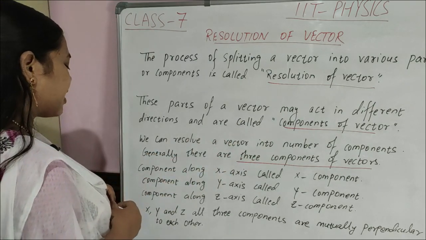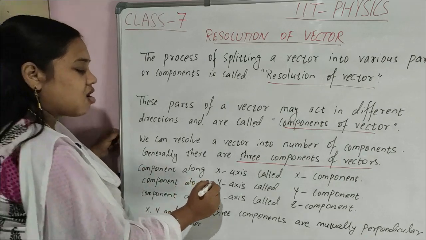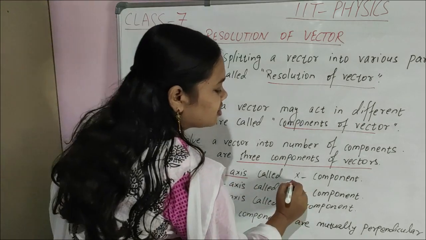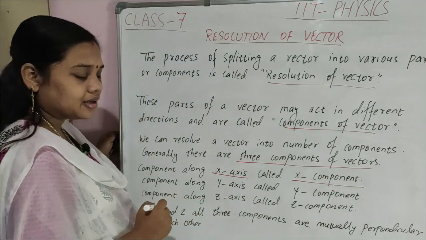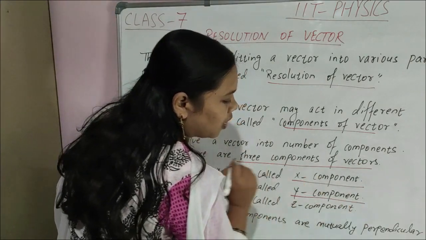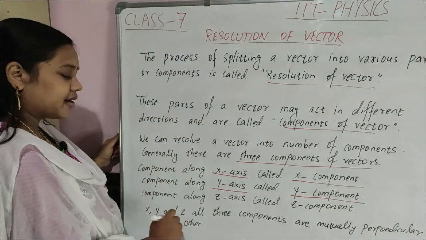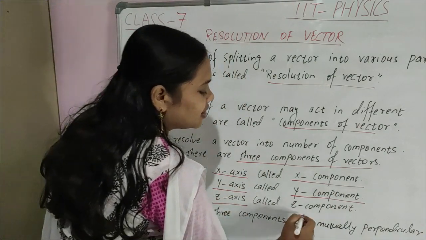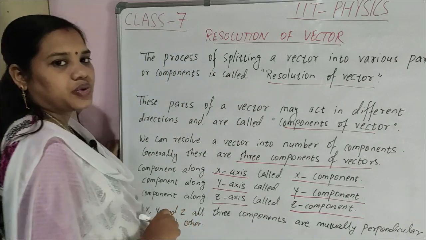Components of vectors. The component along the x axis is known as the x component. The component along the y axis is known as the y component, and the component along the z axis is known as the z component. Clear?